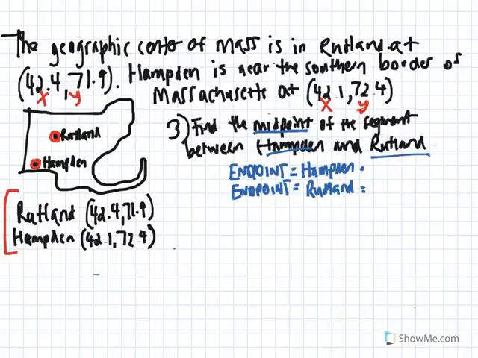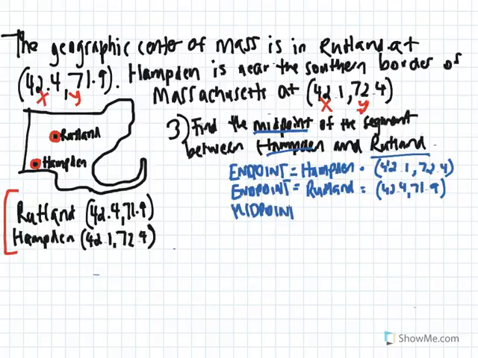And the coordinates for those are 42.1, 72.4 and 42.4, 71.9. Okay, so we are trying to find the midpoint. All right, so here's all of our information written out.